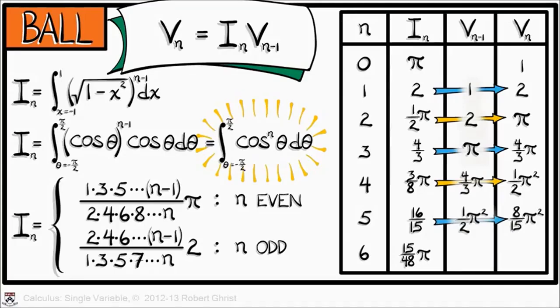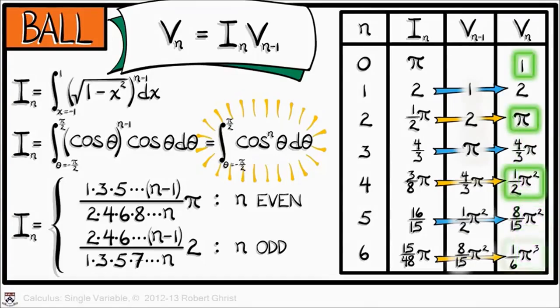And now we can continue inductively for as long as our curiosity and pencil hold out, obtaining various values of V sub n. At this point, one wants to look for patterns, such as the fact that there are powers of pi that increase not at every dimension, but every other dimension.